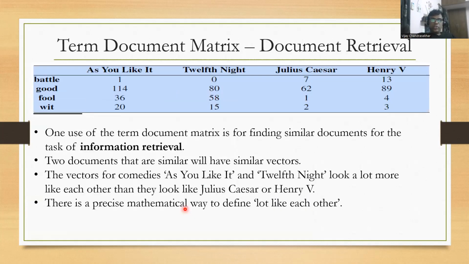So let's take this case. What are the use cases for term document matrix? One use of the term document matrix is for finding similar documents for the task of information retrieval. So if I am searching for a book and I want to also see similar books, a document management system can figure that out.